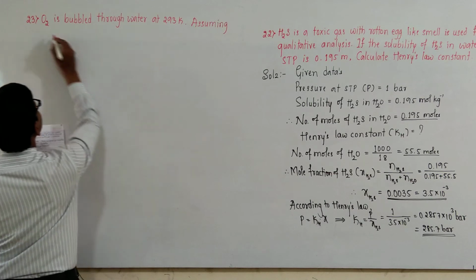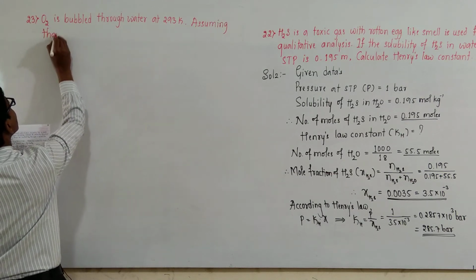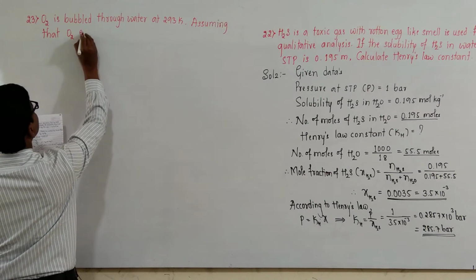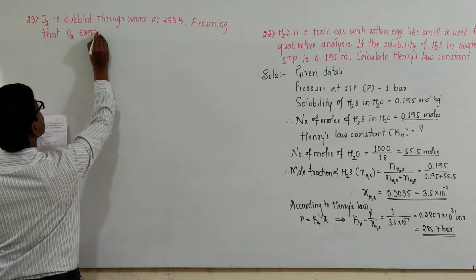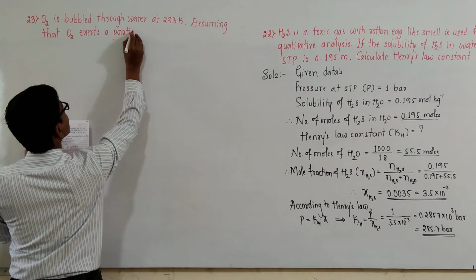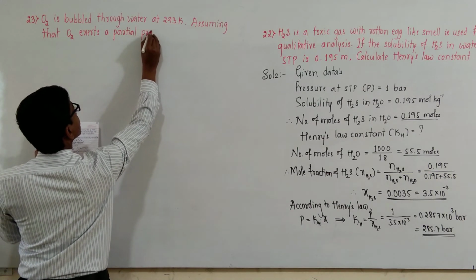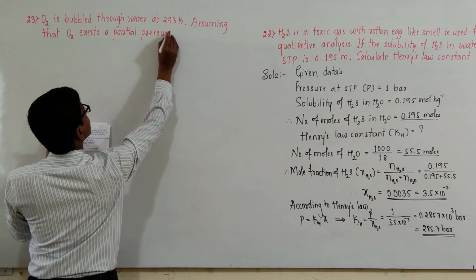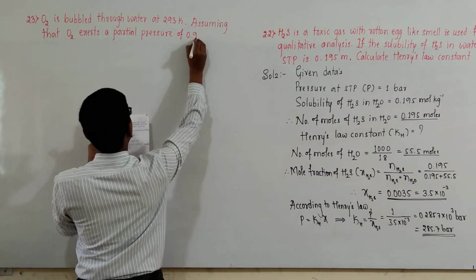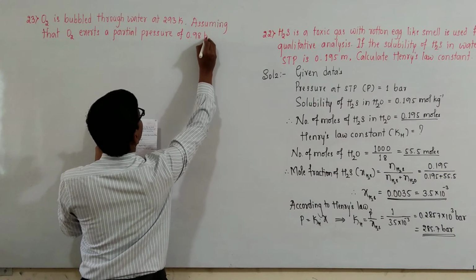Assuming that O2 exerts a partial pressure of 0.98 bar.